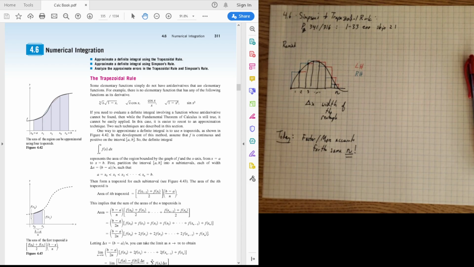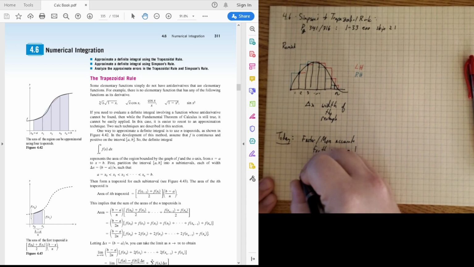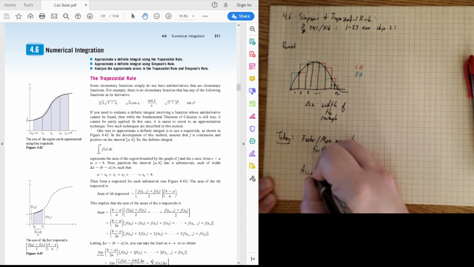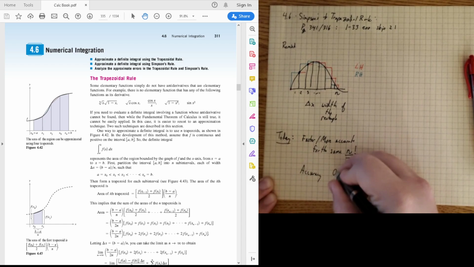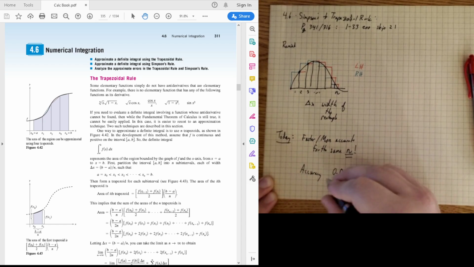And when that happens, we could go back and use the left-hand rule or the right-hand rule from section 4.2, but they are just not great methods. If we want to get an accuracy of a specific amount, like let's say we're designing an airplane foil, and you want an accuracy of something like 0.001, a thousandth of an inch.